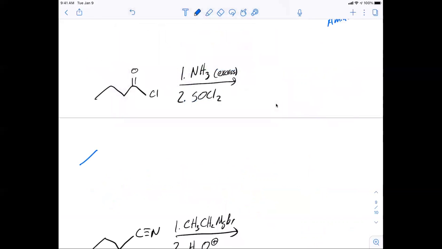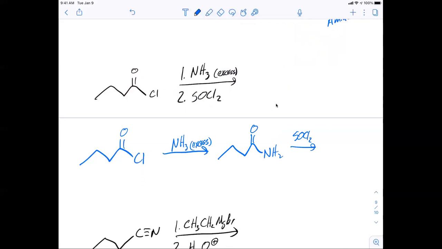After the first reaction, I'll form the amide, and then the amide with SOCl2, right?